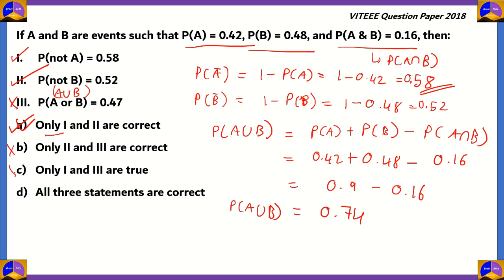The same story for option C, only 1 and 3 are correct, because 3 again is incorrect. And the final option D, all 3 statements are correct, is not true because P of A union B is not 0.47. So therefore option A, only 1 and 2 are correct, is the correct answer for this question, which was asked in 2018.